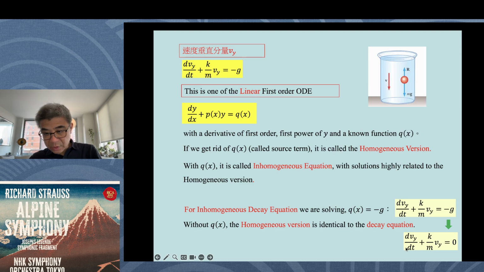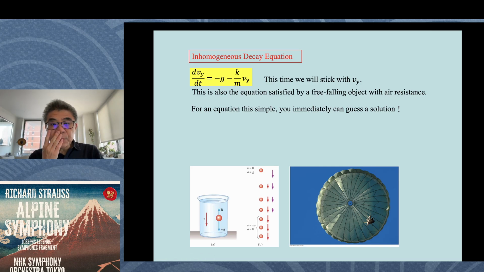And this you can very easily identify with the decay equation, or with the equation for Vx we have talked about last week. Therefore, one more time, the homogeneous version of this equation is actually the decay equation. That's why we call it the inhomogeneous decay equation.